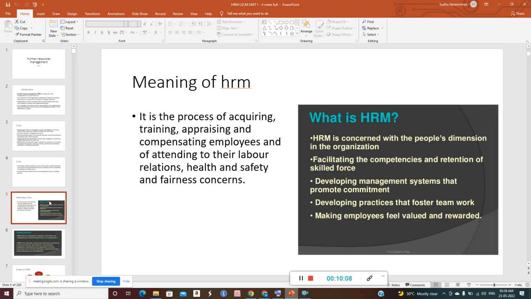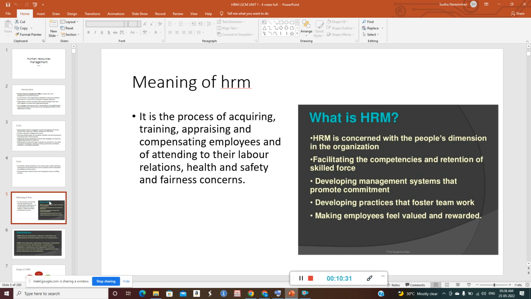Now, other than retention, it's important that human resources concentrate on employees based on their work. Their work needs to be recognized and they need to be valued. Okay, so all these are one part.